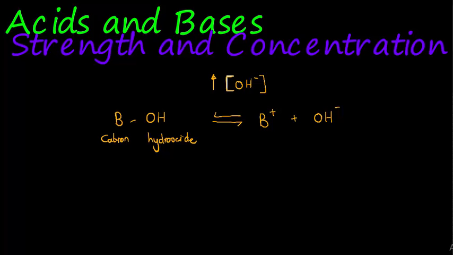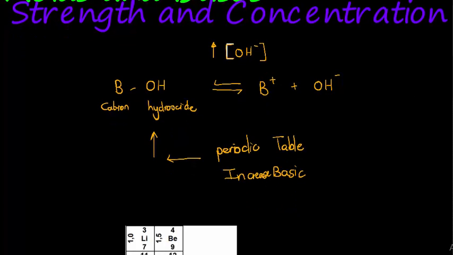It is so easy. Basically all I'm going to say is, as I go to the left and up on the periodic table, the strength of my basic solution increases.